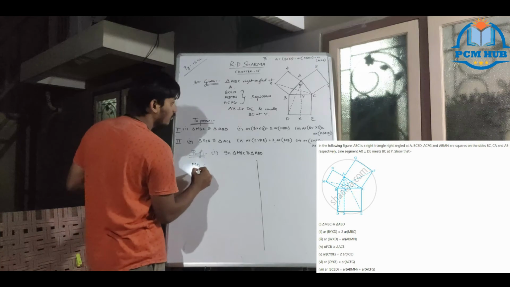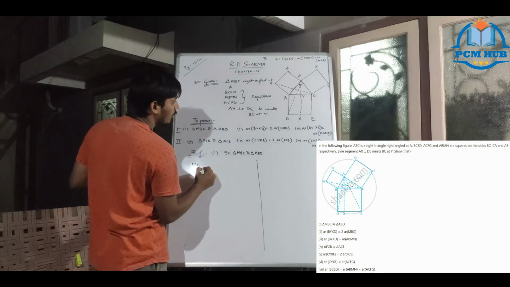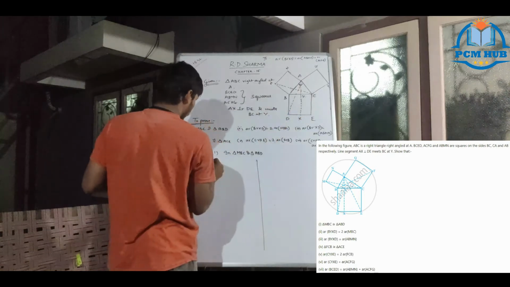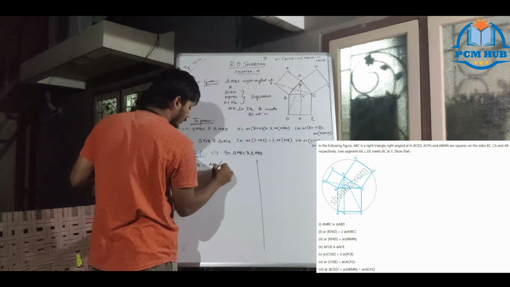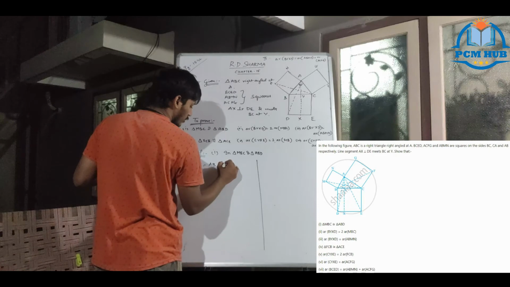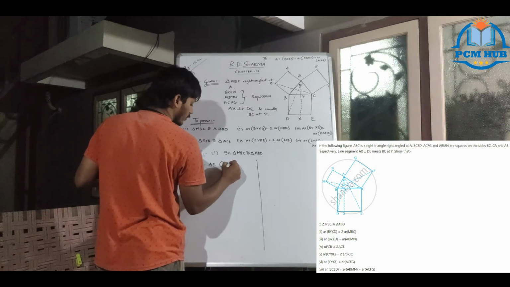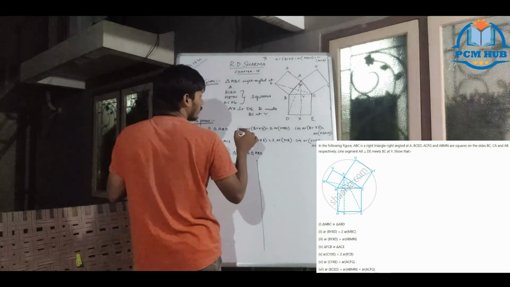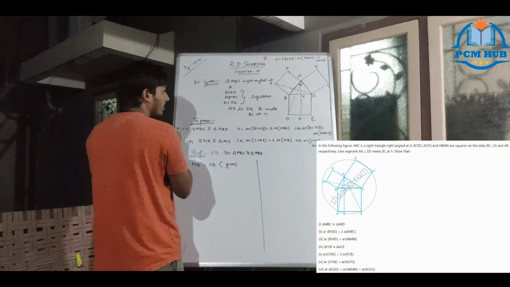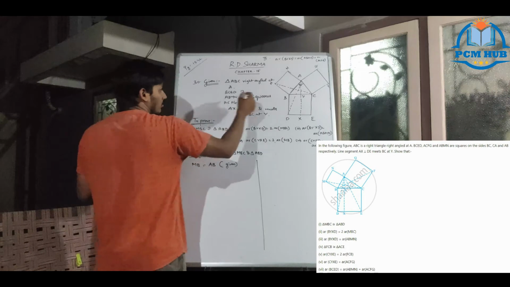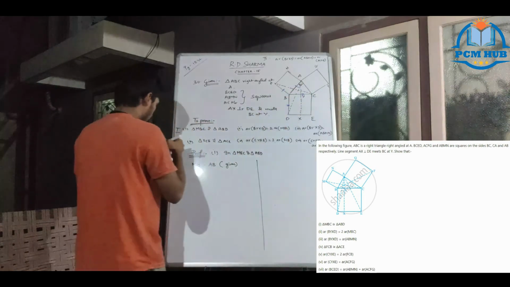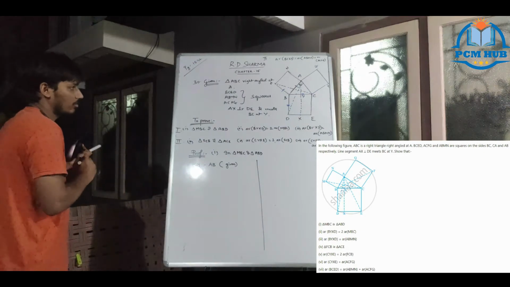MB in this triangle equal to AB of the triangle. That is given because they are sides of a square. Point clear? Therefore, equal.